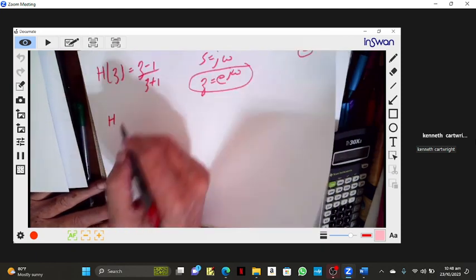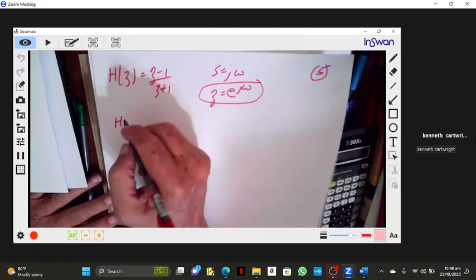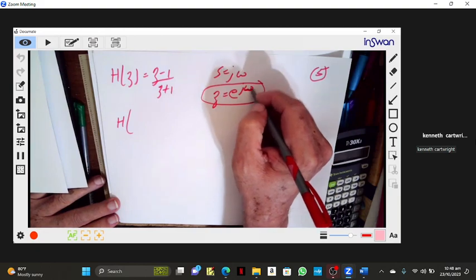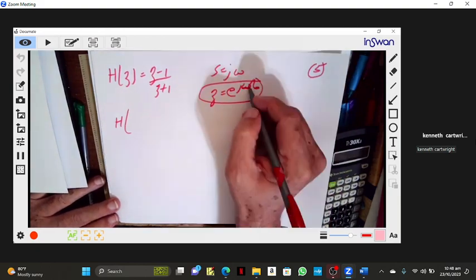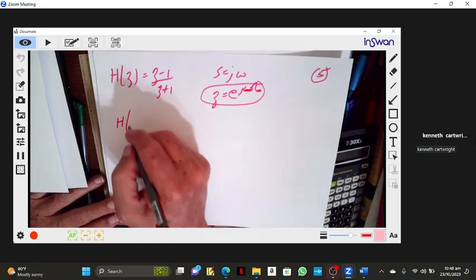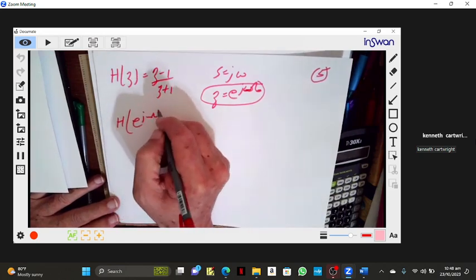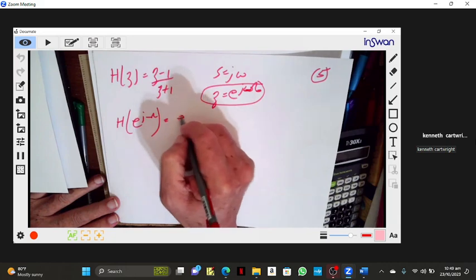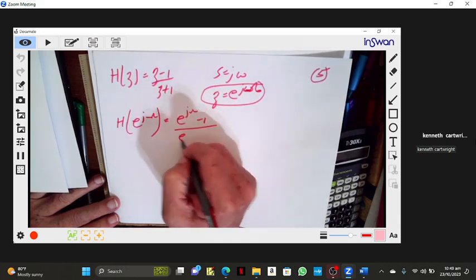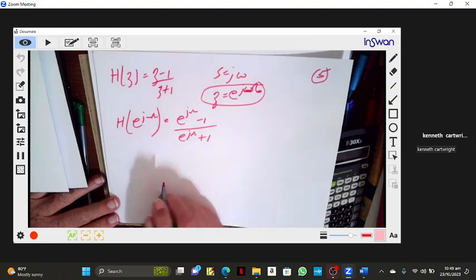So the frequency response here will be H of, and of course, it's not little omega, it's capital omega, because capital omega is digital frequency. H of e to the j capital omega, which is, in this case, e to the j omega minus 1 over e to the j omega plus 1.